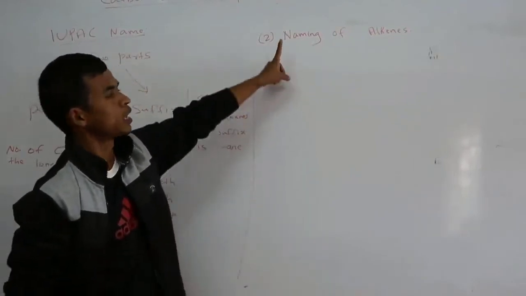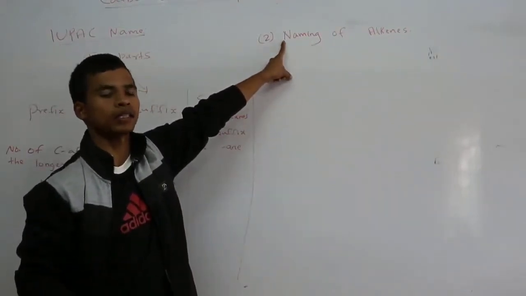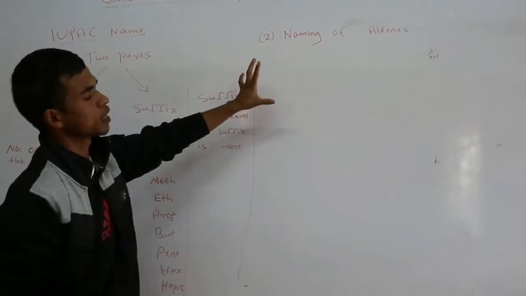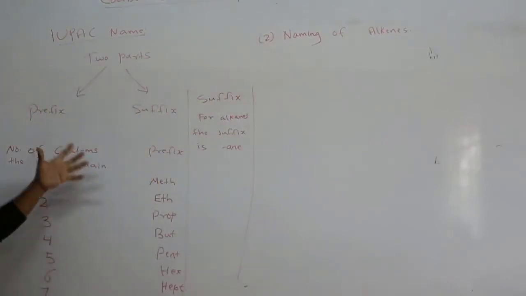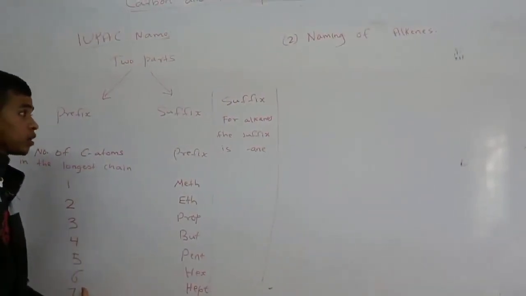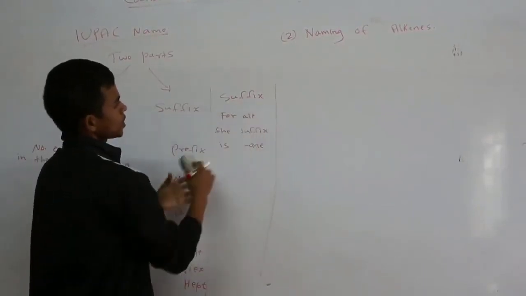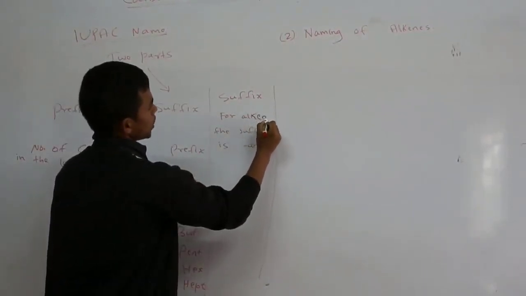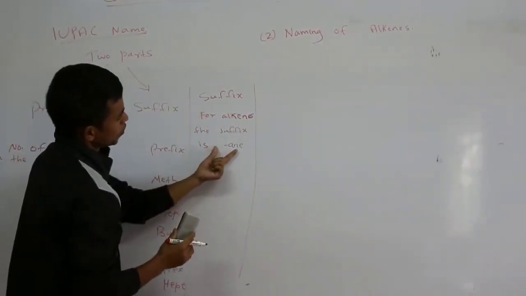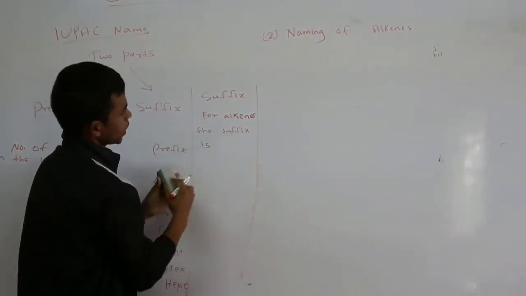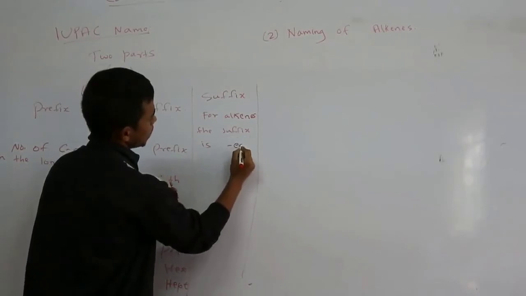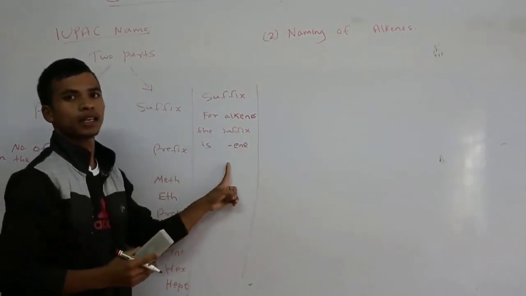Now we will do the naming of alkenes. For alkenes, the prefix would be the same as we have done for alkanes, but the suffix for alkenes, in place of "-ane", would be "-ene", E-N-E.